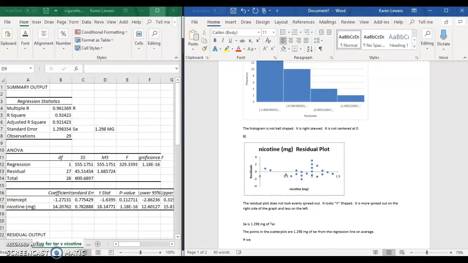This applies if we actually use the regression line as a prediction.